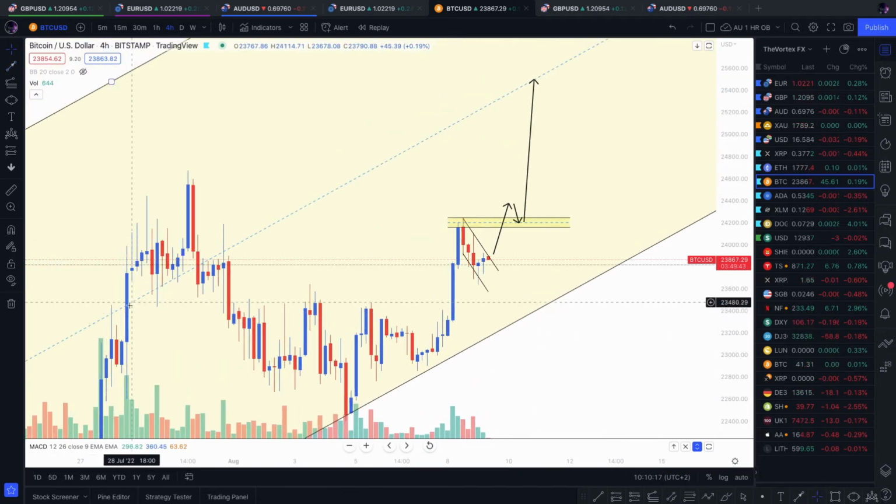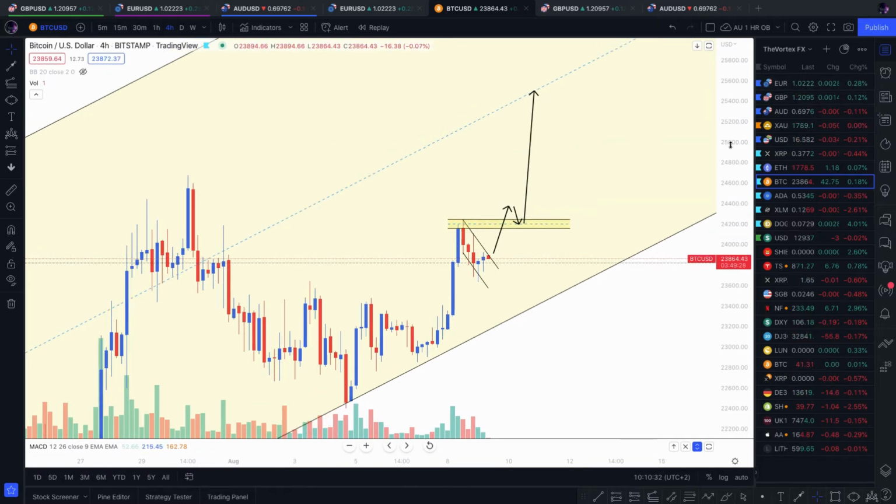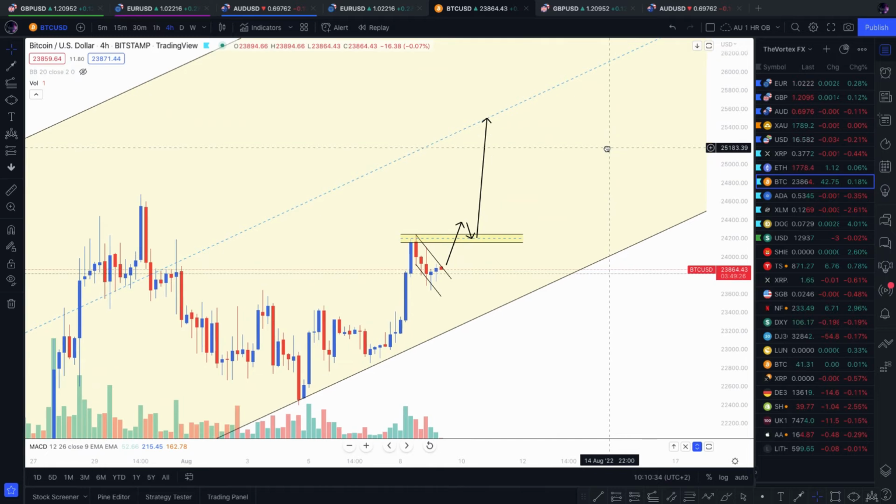We do have price structure respecting the middle of the channel, even in this 4-hour time frame. Look at those wicks, guys, beautifully touching the middle of the channel as support, support, support, resistance, resistance, wicking through. You see, this is why I will target the middle of the channel. I also like the idea of the price being around 25.5.